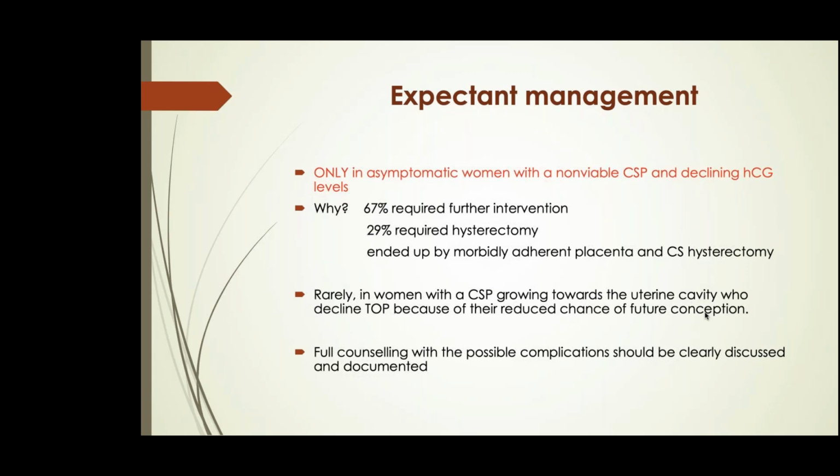So will you terminate the pregnancy, or will you continue the pregnancy and then do a cesarean hysterectomy at the end? This is a difficult and rare scenario, but it should be kept in mind, after full counseling with the patient about all the risks and complications that can happen if she continues the pregnancy.